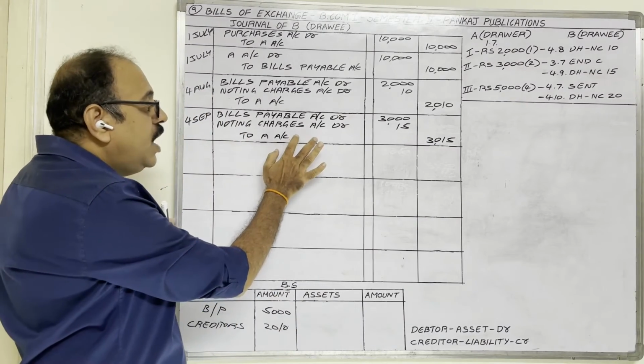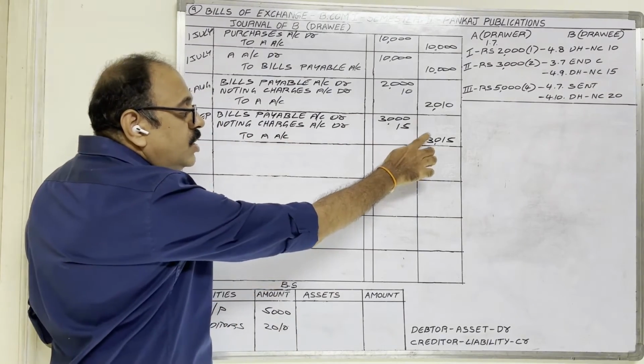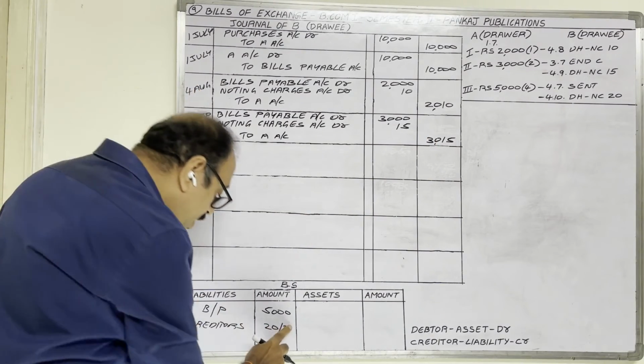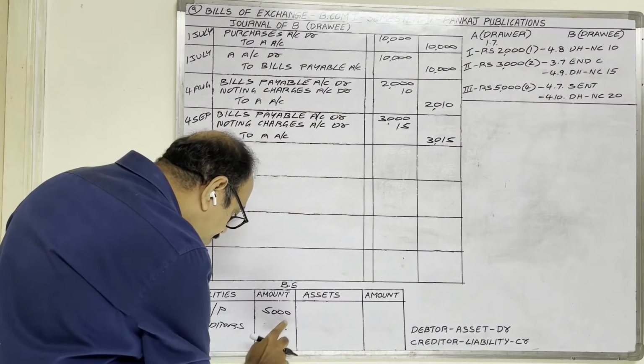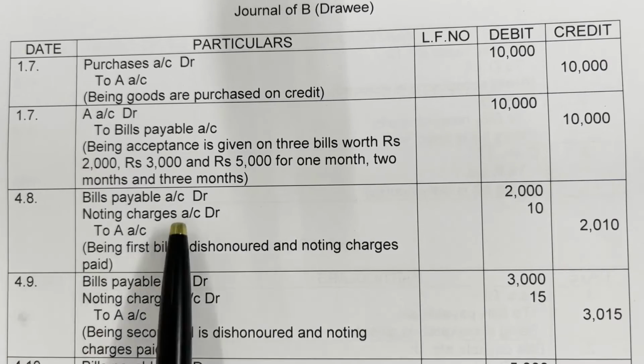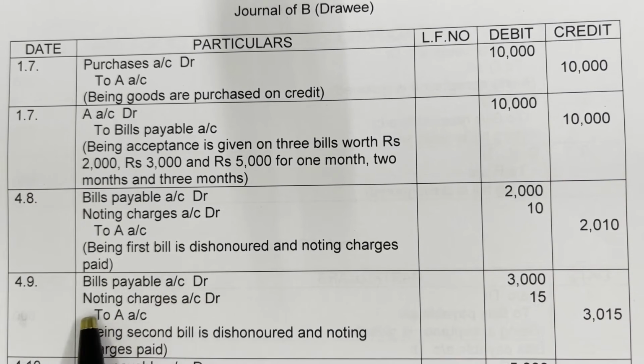And creditor is increased by 3,015 rupees, no? 2,010 rupees plus 3,015 rupees, total 5,025 rupees. 4th September, same entry, bills payable account debit, noting charges account debit to A account. Amounts 3,000, 15, 3,015. Narration is also same. Being second bill is dishonored and noting charges paid.